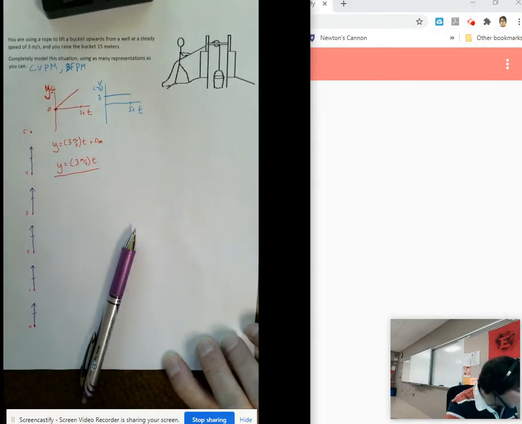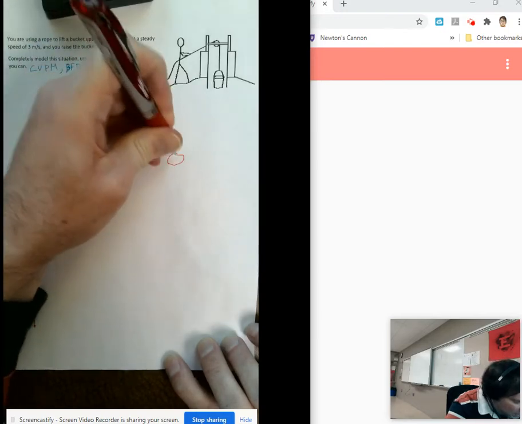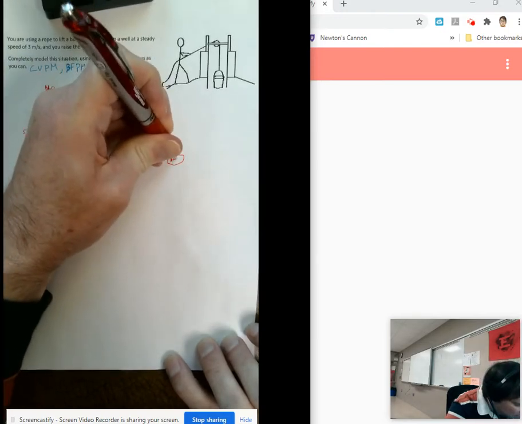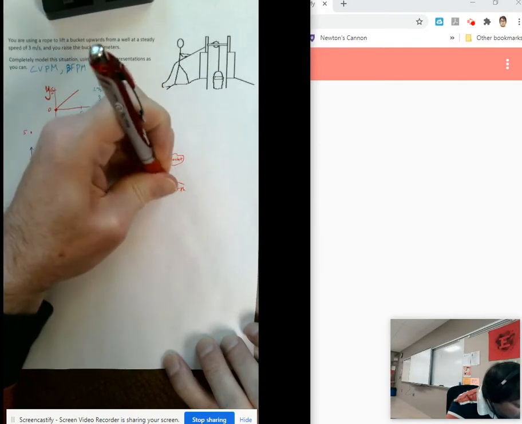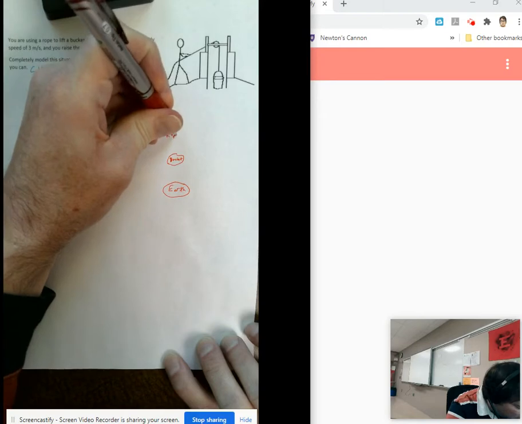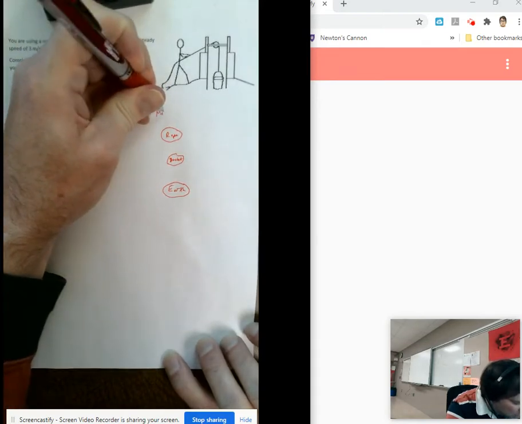So I think that pretty well covers the constant velocity model, but now what about the balanced force model? So I want to start with making an interaction diagram. If I make an interaction diagram, then I'm going to include the bucket, there's Earth, a rope, there's me.